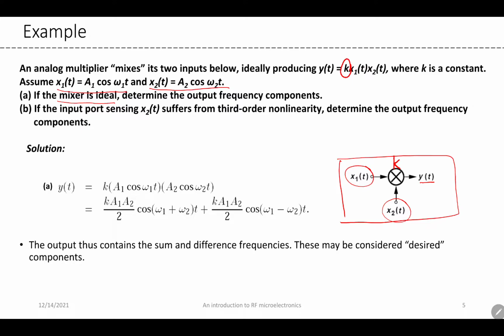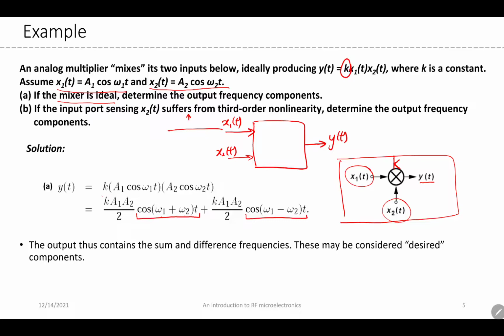If you multiply these two, then we know from basic trigonometry, we'll have two components, omega 1 plus omega 2, omega 1 minus omega 2. So if I have the system, it has x1t, x2t, and yt.